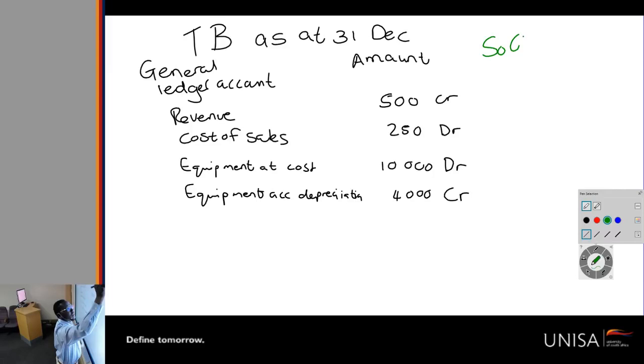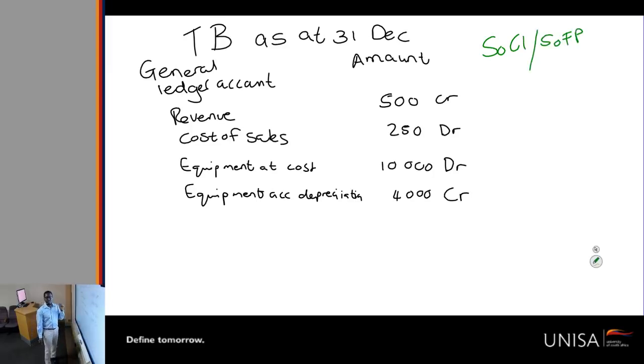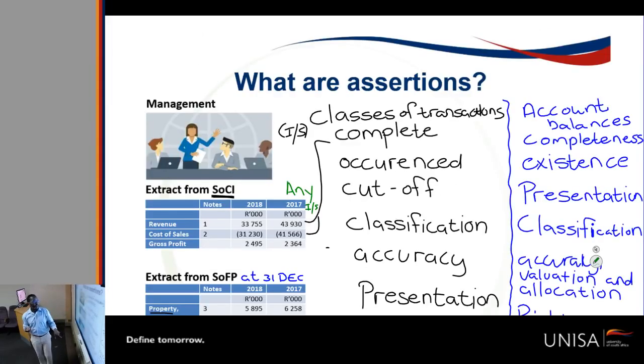That's your first question, because that's what determines what category of assertions will be applied. If we look at the first one, revenue, that relates to the statement of comprehensive income, so you must apply the assertions we've detailed here, which are completeness, occurrence, cutoff, classification, accuracy, and presentation.